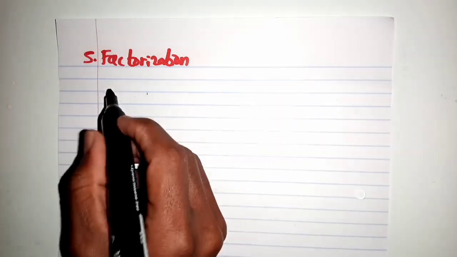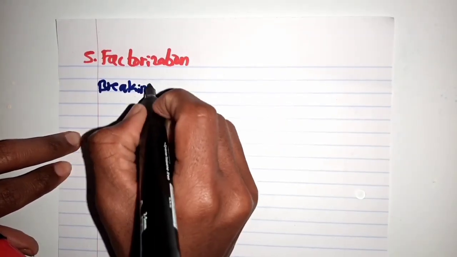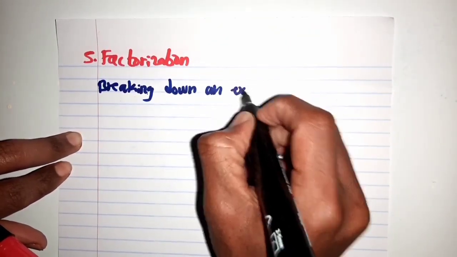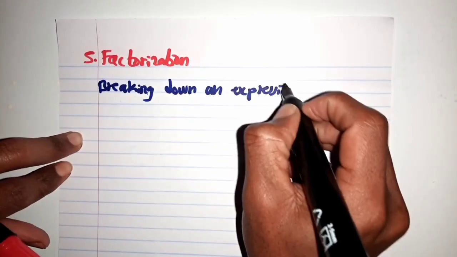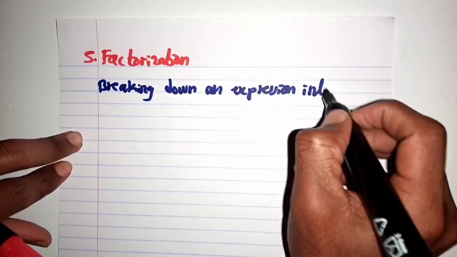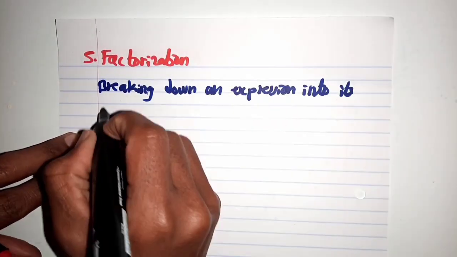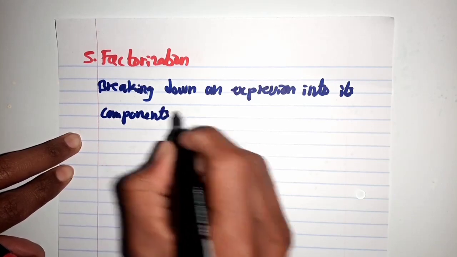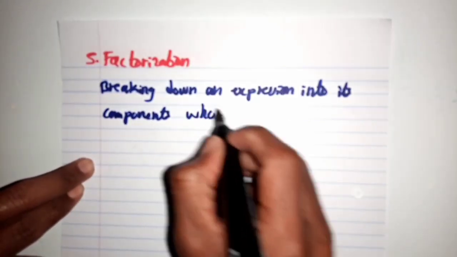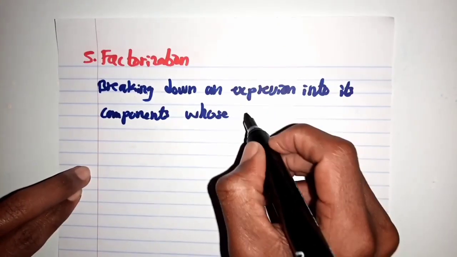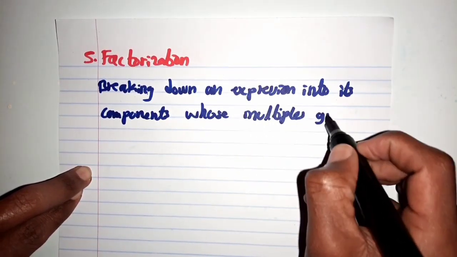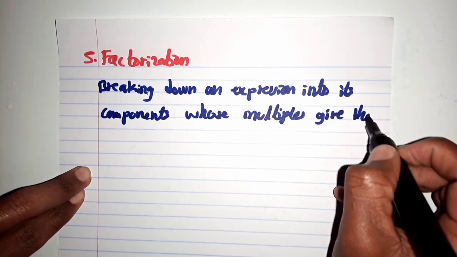Factorization simply means breaking down an expression into its components whose multiples give the original expression.